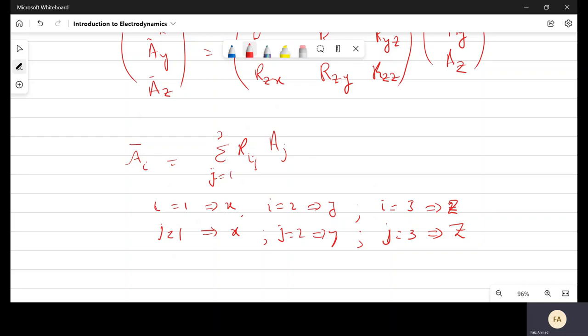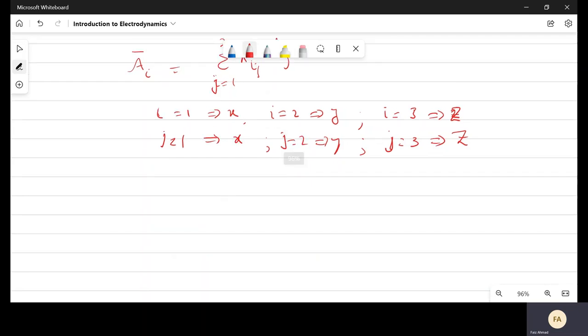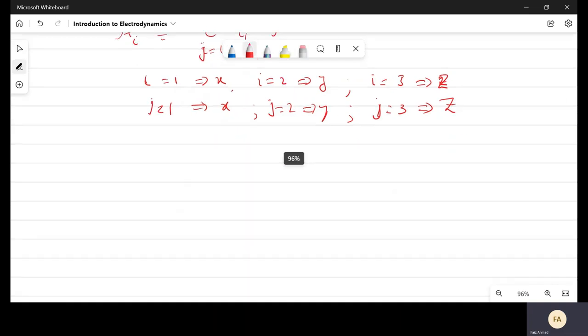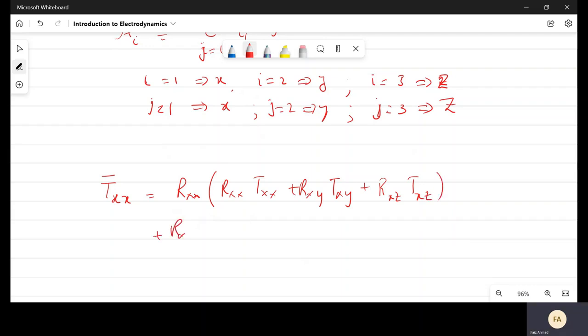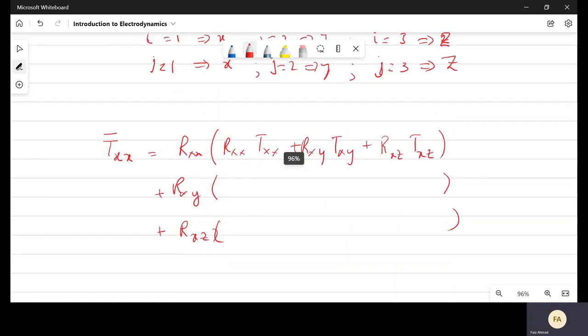So if we have a second rank tensor, then we have a transformation in terms of 9 components, and the 9 components can be expressed: Txx bar is equal to rxx rxx txx plus rxy txy plus rxz txz, plus so on.